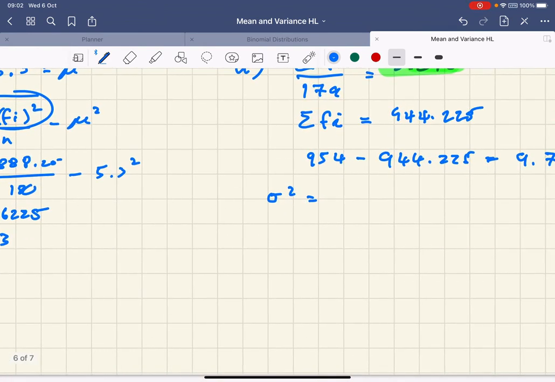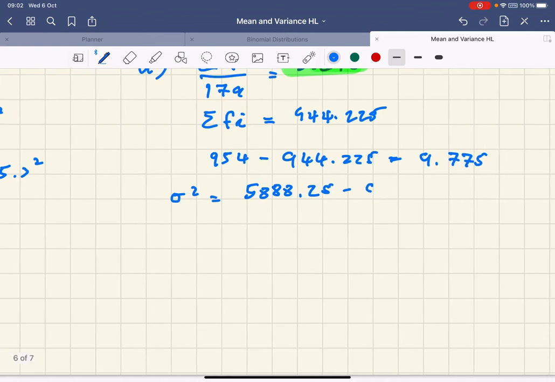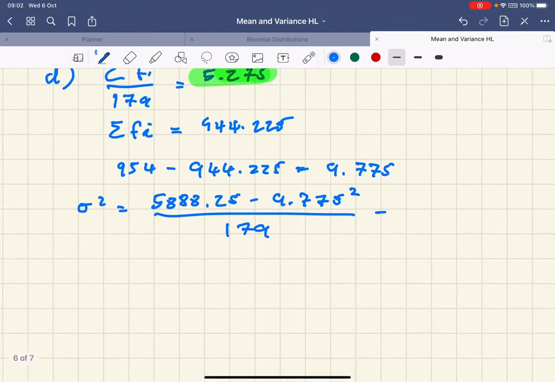This is all the pieces of data squared, and I will take away that one piece of data that I found and square it. I'm going to divide all of that by 179, and I'm going to take away that mean value of 5.275 squared.